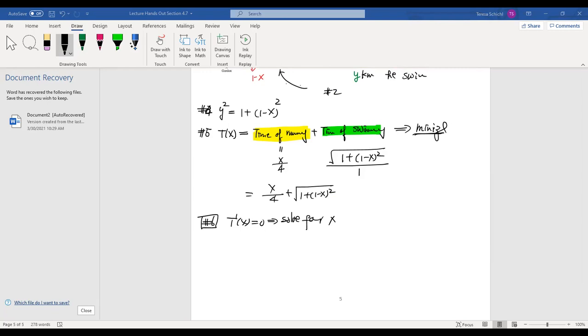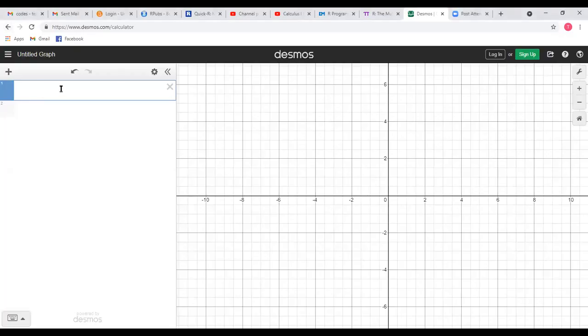All right, so now let's go back. Let me show you how to use the graphing calculator. Let me go to the graphing calculator part here. Okay, now you can just type in the function.